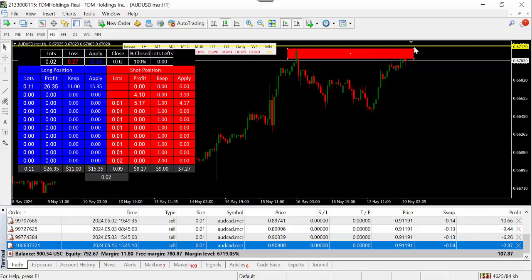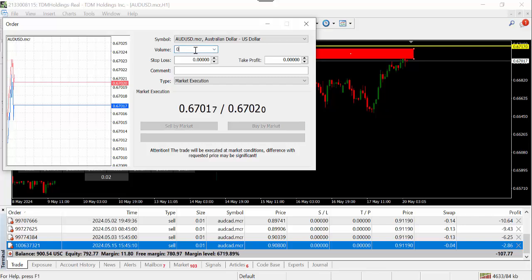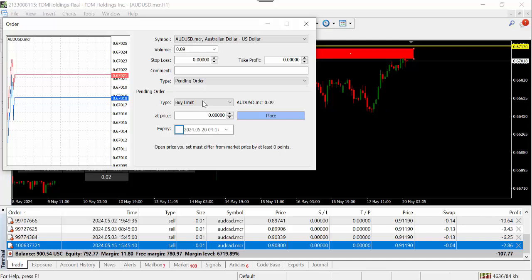So we can put 0.09 here as our pending order. So we come here and put 0.09, our pending order, and that will be a buy stop at what price, which is this price, 0.67170.